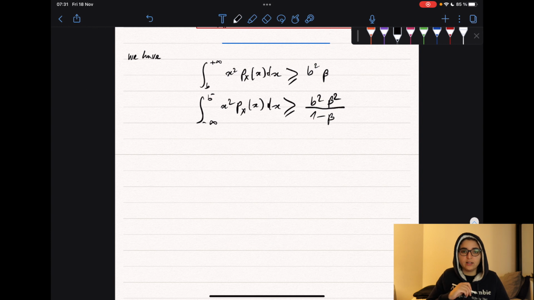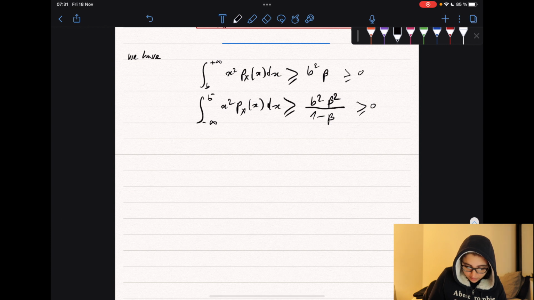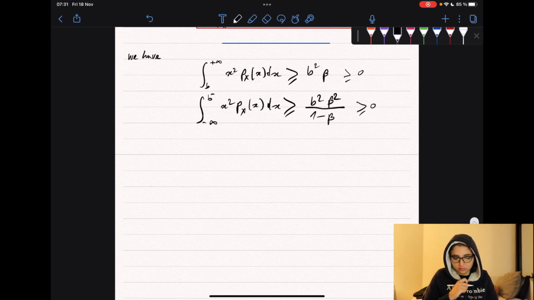So we're just going to add these two inequalities together. Keep in mind that both of these inequalities are higher than or equal to 0, and we can actually just add them up.